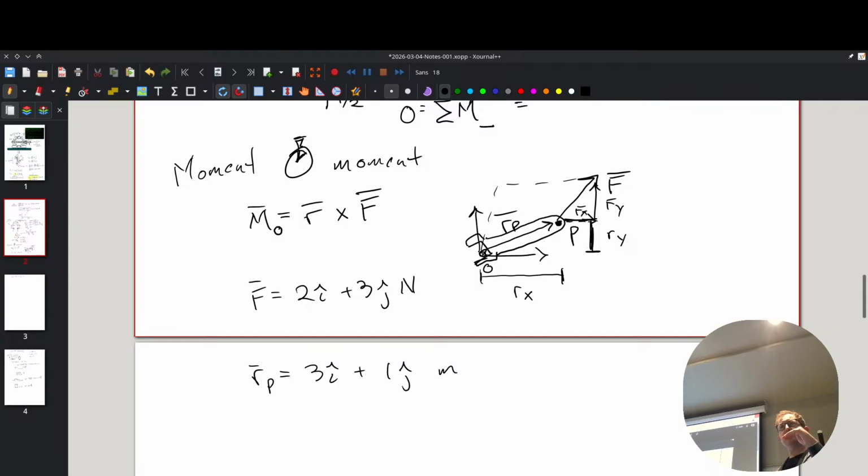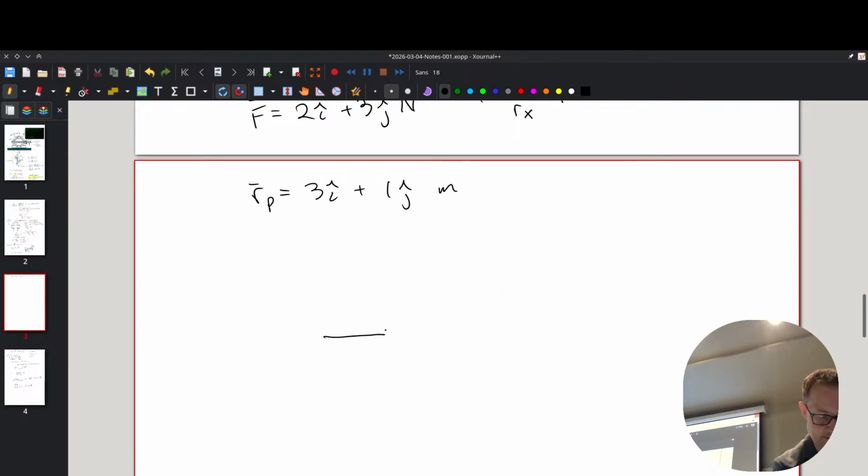Is the Fx creating torque along the x direction? Like if I only had Fx and here's my Rx, Fx. Is this creating torque? Does this create torque? No.